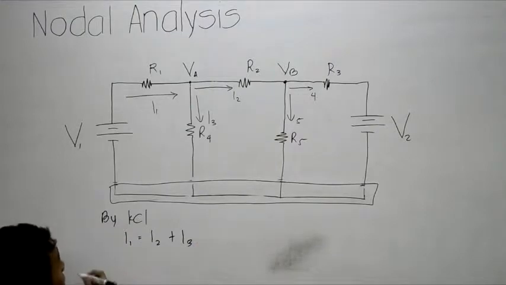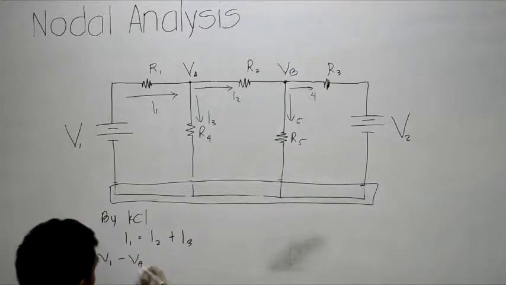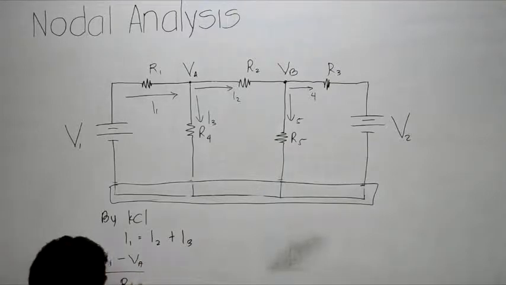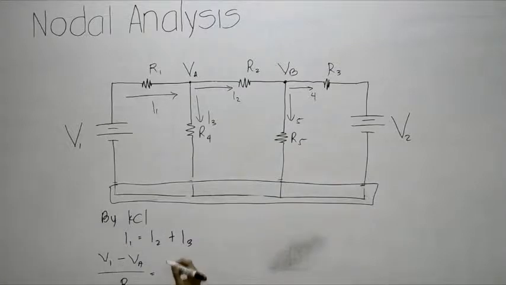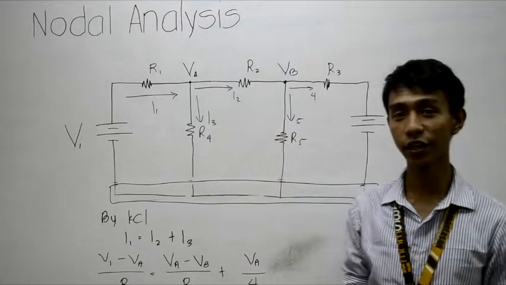But I1 is equal to V1 minus VA all over R1, I2 is equal to VA minus VB all over R2, and I3 is equal to VA all over 4. That will be our equation 1.